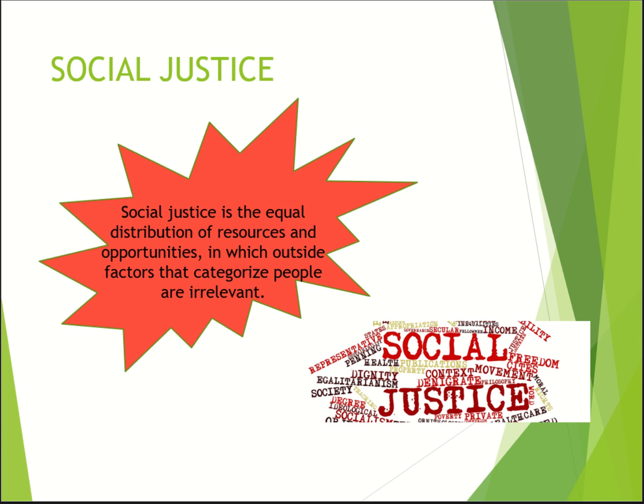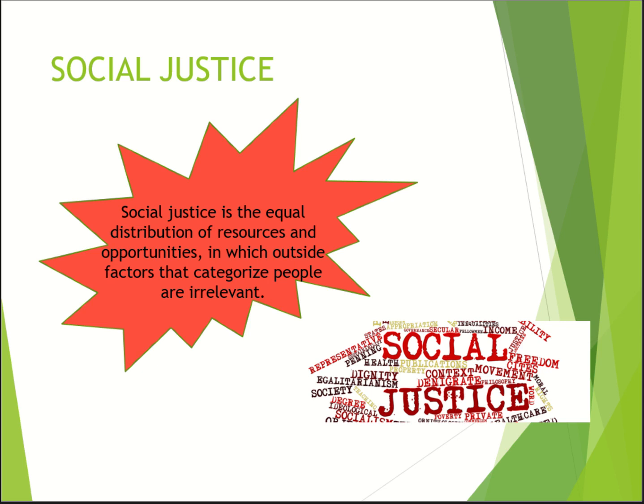Social justice. This is the equal distribution of resources and opportunities, in which outside factors that categorize people are irrelevant. Straight away, that little sentence there is the equal distribution of resources and opportunity. Resources could be land, finances, health, a whole range of different things that fall into that category.